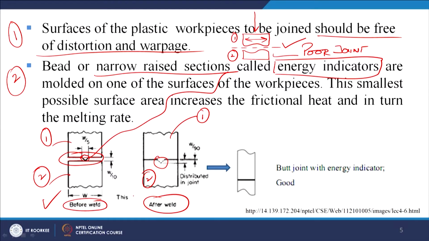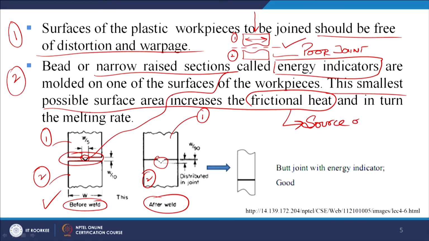This smallest possible surface area increases the frictional heat and in turn the melting rate. As I have already indicated, the frictional heat is the source of heat which is required for joining the two plastic pieces.